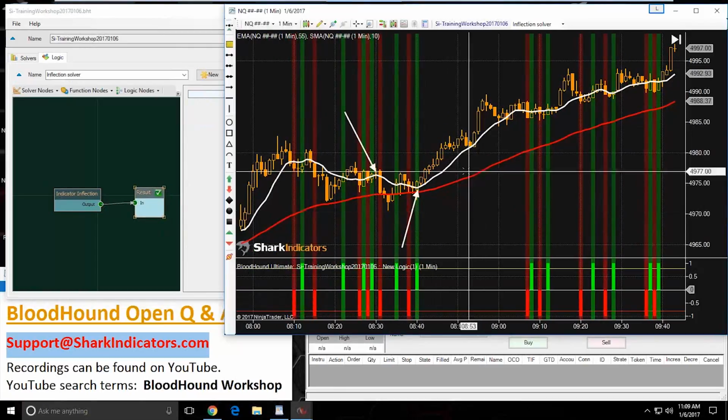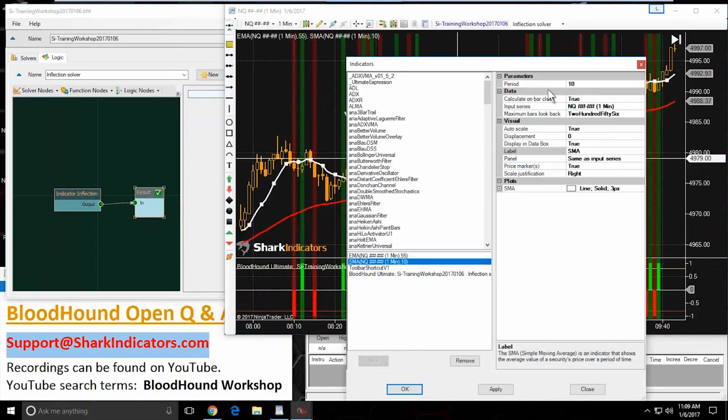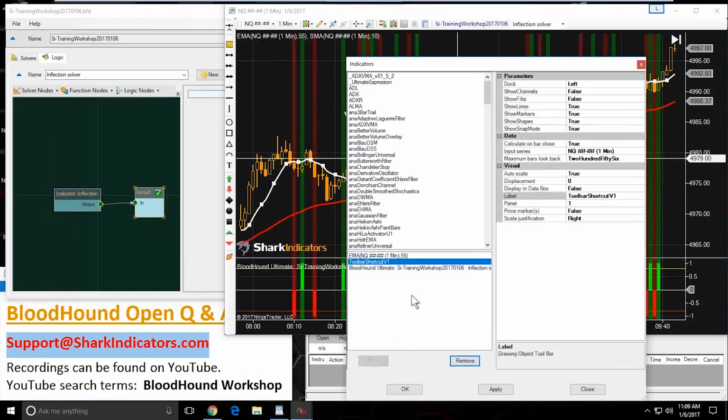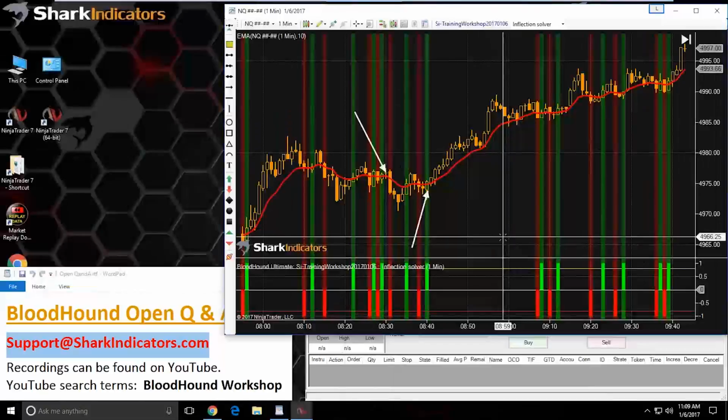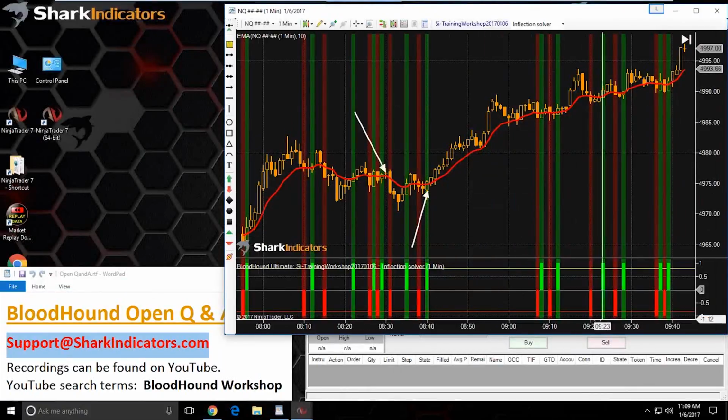Let me just make sure that this white line, no, that's an SMA 10. All right, let me remove the SMA, and I'll change the EMA to a 10. So there we go.